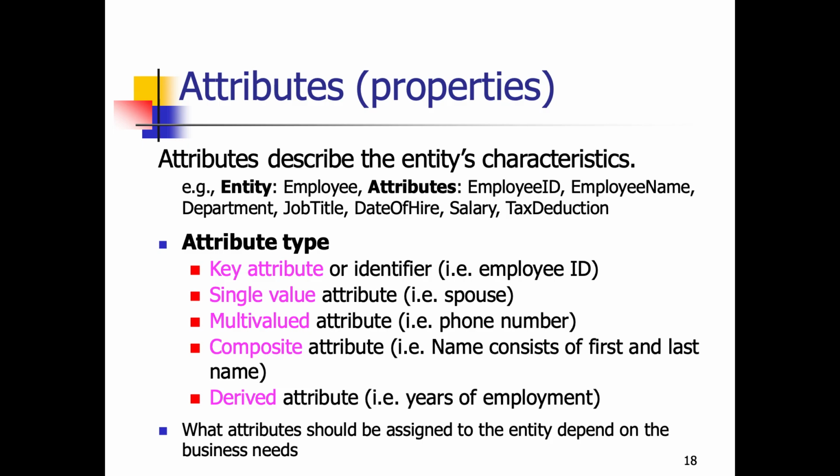A composite attribute has different components, like the address, which consists of a street number, a zip code, and so on. Or, for example, full name, which consists of first name and last name. And then finally, the derived attribute, which is derived from the values of other attributes, like the age. You get the age from, for example, date of birth and today's date, or for example, total sale, something like that.